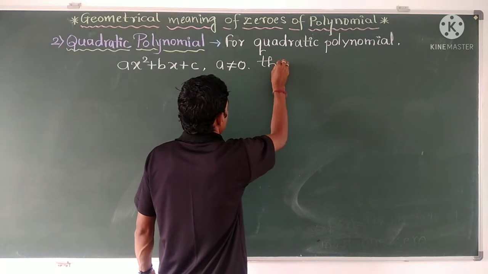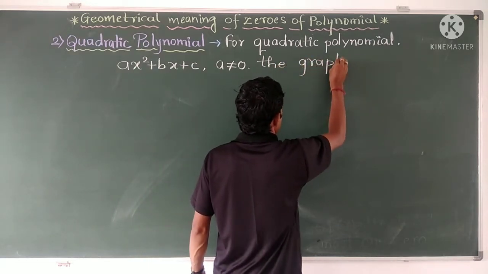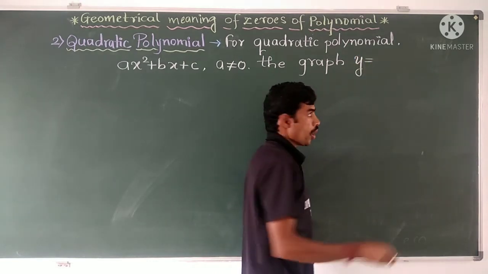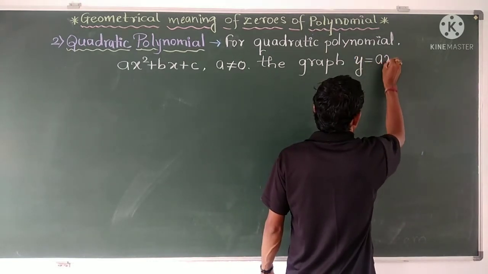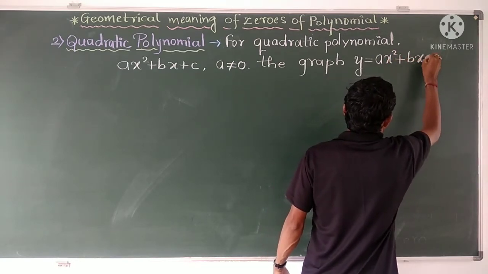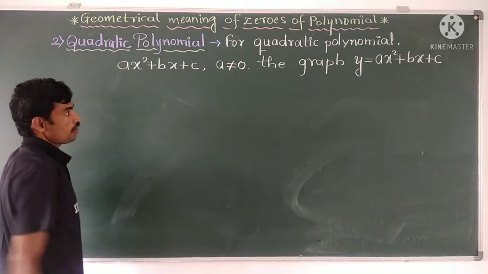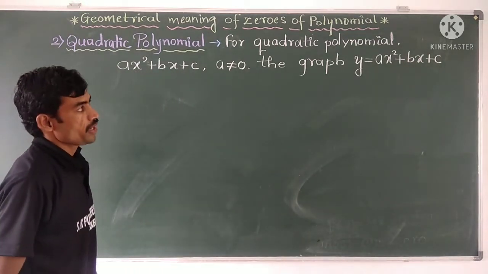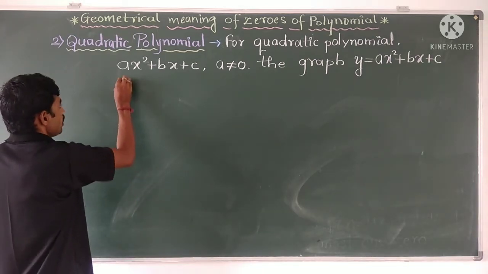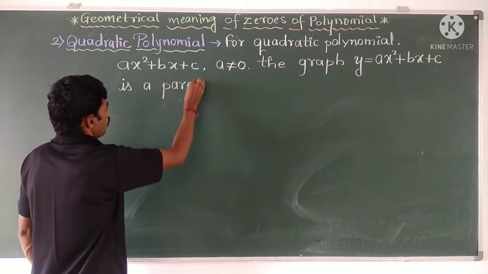The graph of y equals ax square plus bx plus c is a parabola.